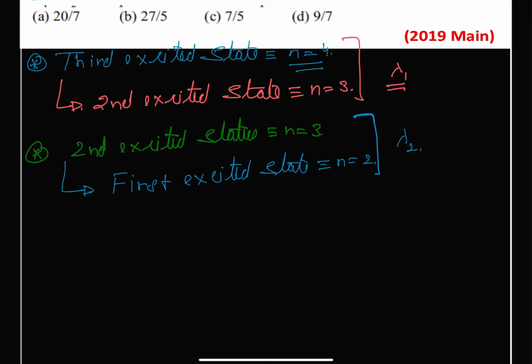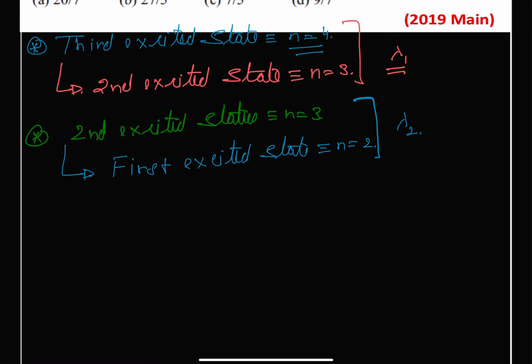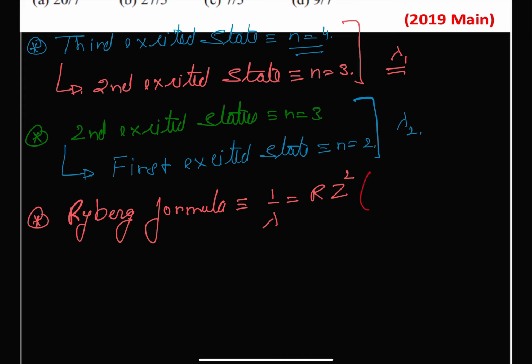And here we are directly going to use the Rydberg formula, which gives us 1 upon lambda is equal to R Z square (1 upon n1 square minus 1 upon n2 square).